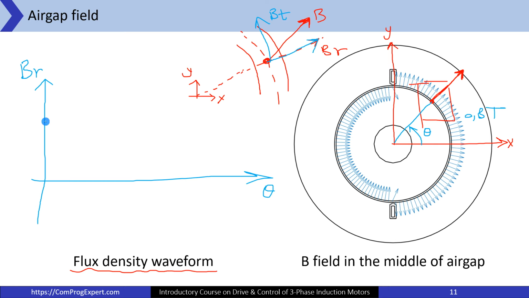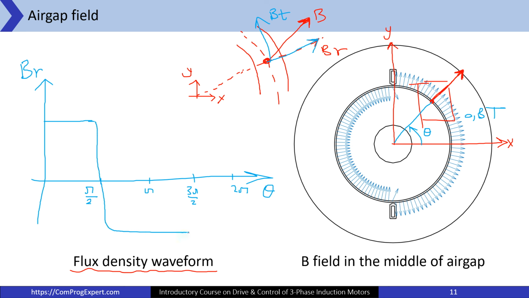Then at theta equal to pi divided by 2, pi, 3 pi divided by 2, and 2 pi, we have this reduction.